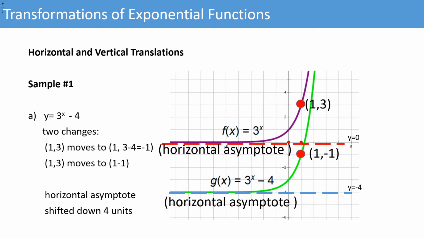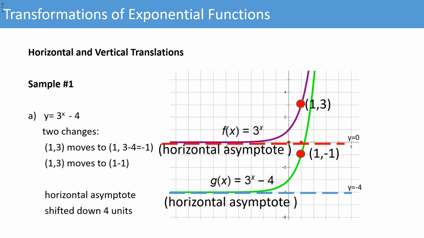If we look at the function y = 3^x, we will see that it passes through the point (0, 1), and it then passes through the next point at (1, 3). These are going to be our two comparison points.